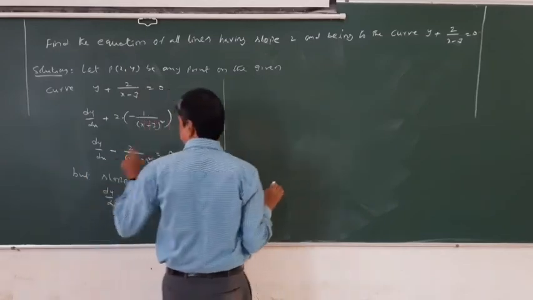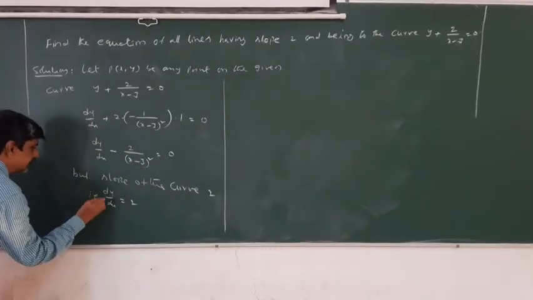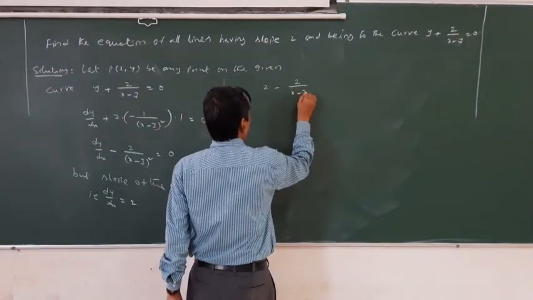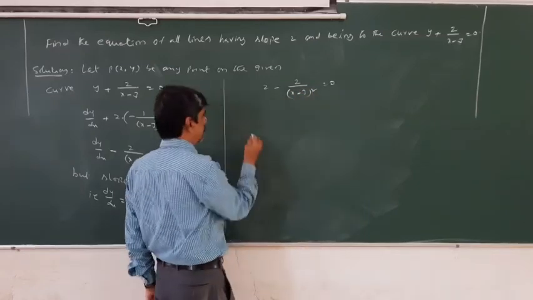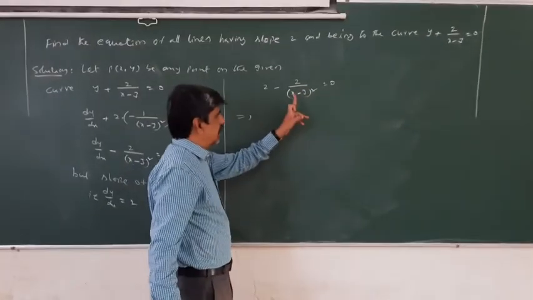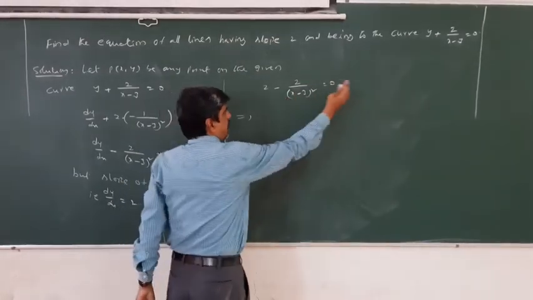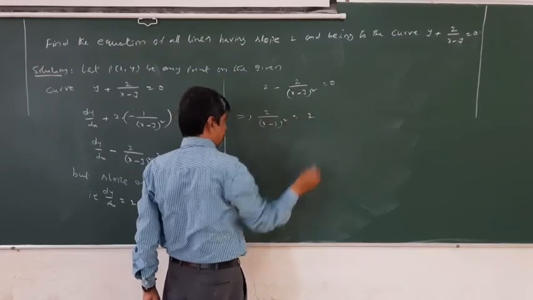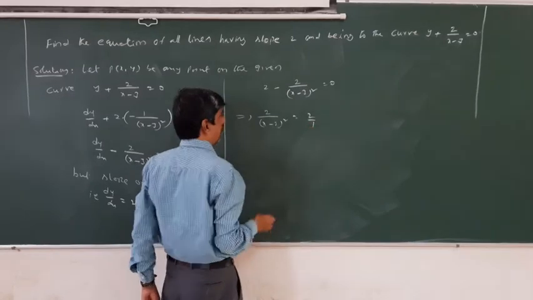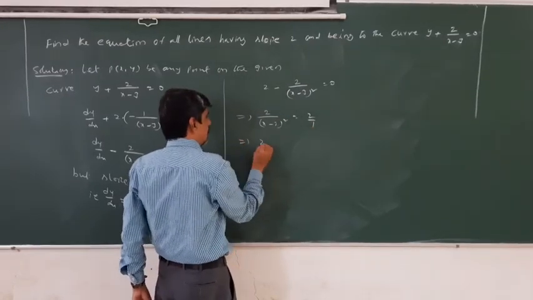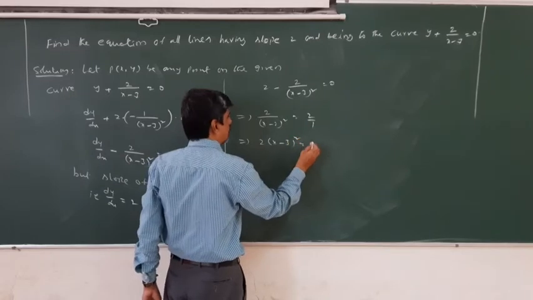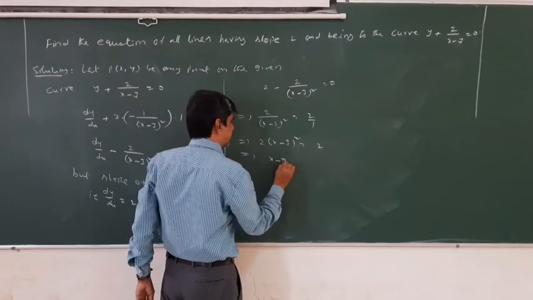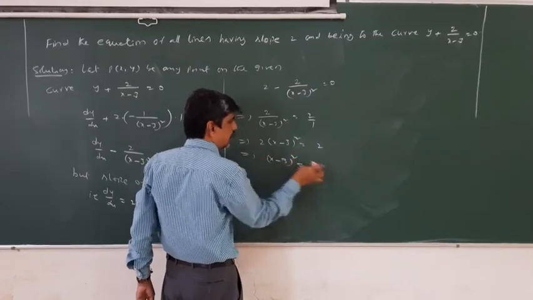We get 2 minus 2 by x minus 3 whole square is equal to 0. This implies the minus value should go to the other side, so plus 2 by x minus 3 whole square is equal to 2, means 2 by 1. Then cross multiply. So 2 into x minus 3 whole square is equal to 2 into 1. So this implies x minus 3 whole square is equal to 2 by 2, which is 1.